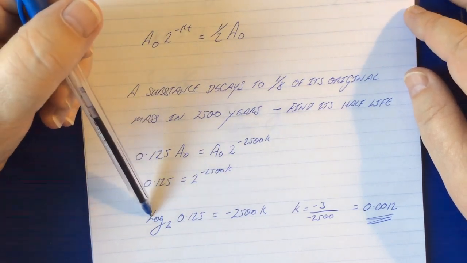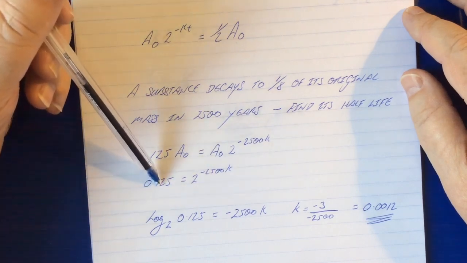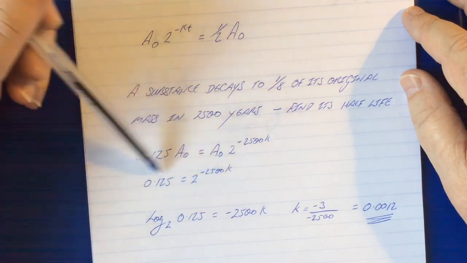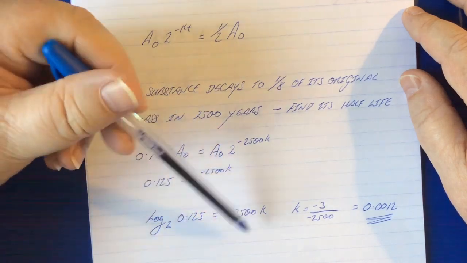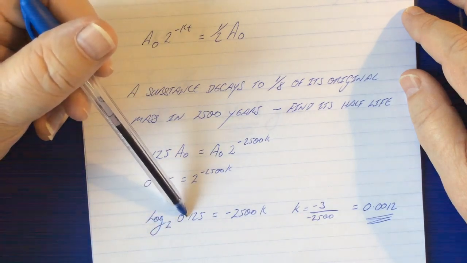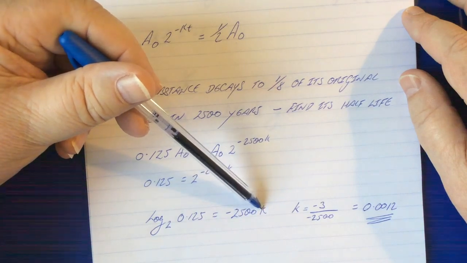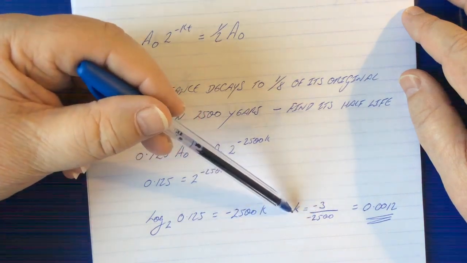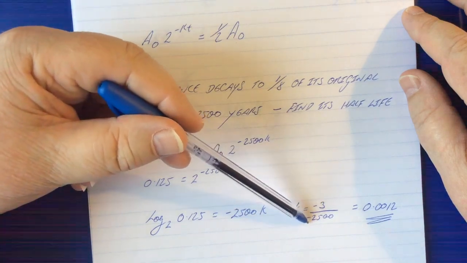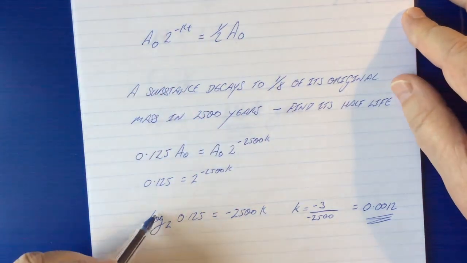Right. So we use logs. We'll just take the log of this. Basically what we do is we rewrite an exponential equation as a log equation. So log base 2 of 0.125 equals negative 2,500 K. We can rewrite this as K equals negative 3 over 2,500. Why can we do that?